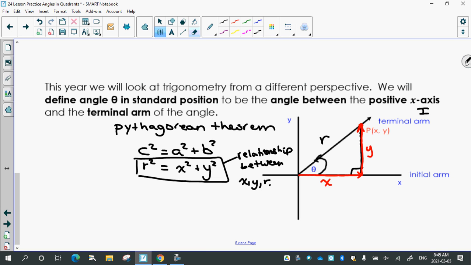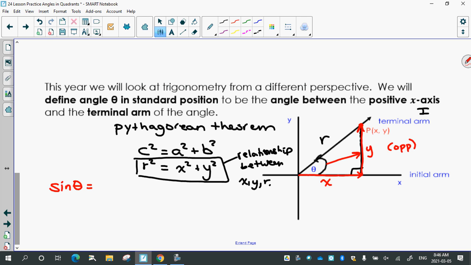So, if we look at angle theta here and we want the 6 trig ratios, the sine of angle theta, so if we look over here, the opposite side is always the y value, okay?